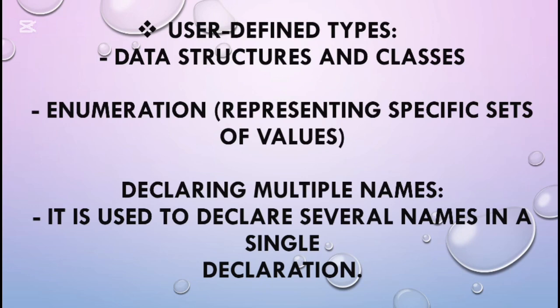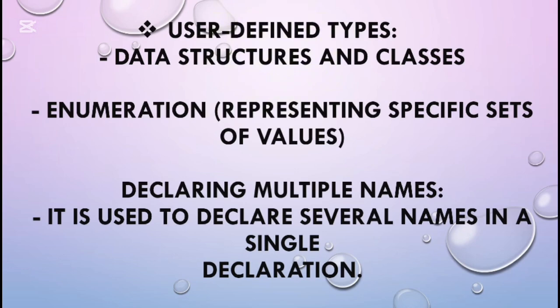Enumeration represents a specific set of values. It's used to declare several names in a single declaration. So with a multiple name declaration, we can declare multiple names in a single declaration. Assuming we are declaring a list of integer values like int x, int y, int z, so far as they are all integer values, you can just use int x, y, z and terminate it.